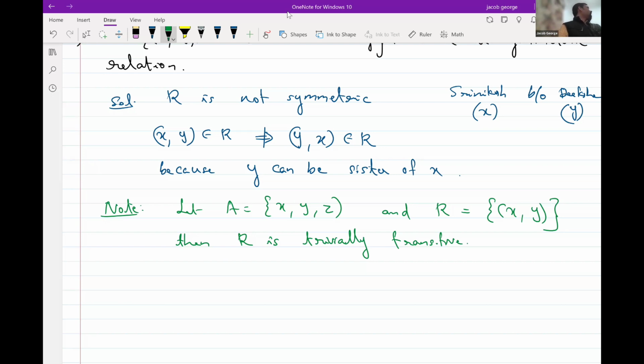Then R is trivially transitive, because there is no ordered pair starting with Y for further checking. That is called trivially transitive.